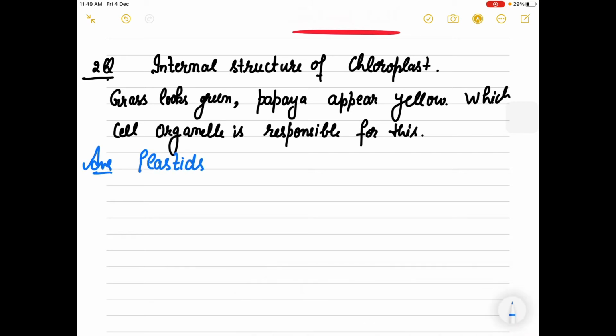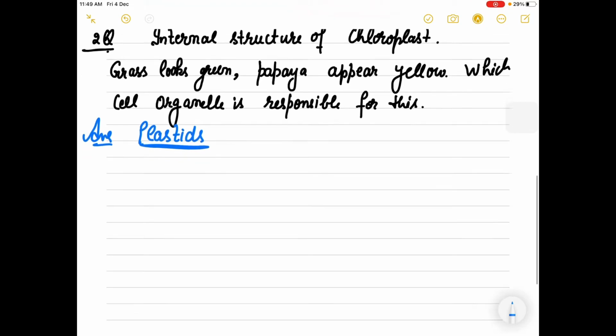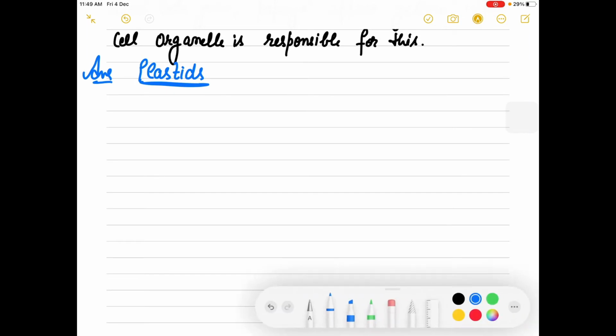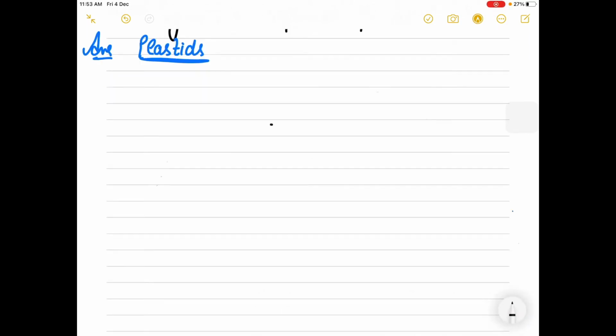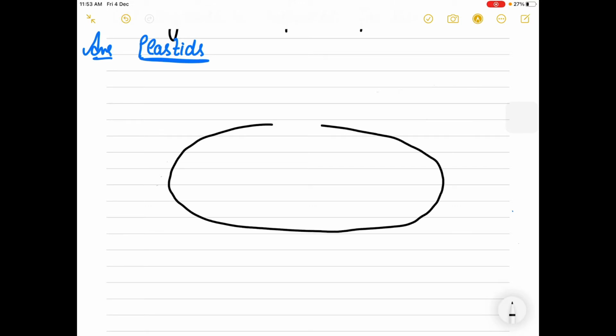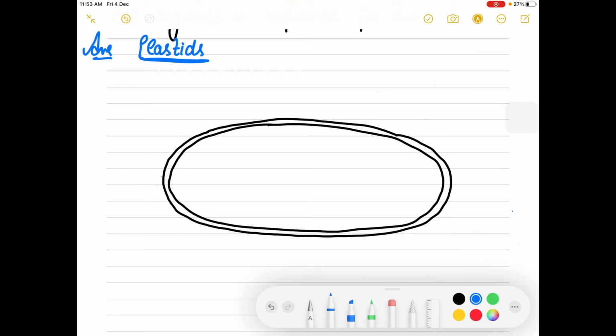Now you know that plastid is of 3 types, and they are found in the plant cell only. If the question is in 3 marks, when we have to draw the structure of plastid, first we have to draw the double membrane, because plastid is a double membrane structure. Now let's label it.